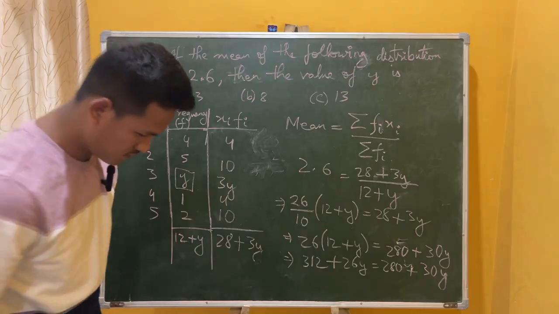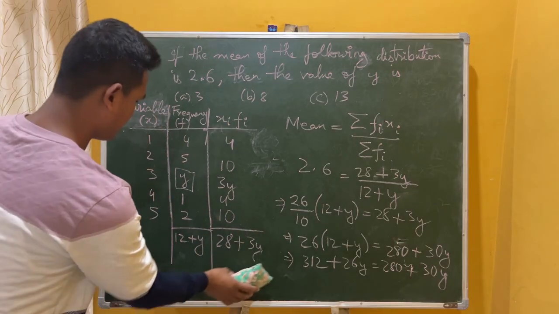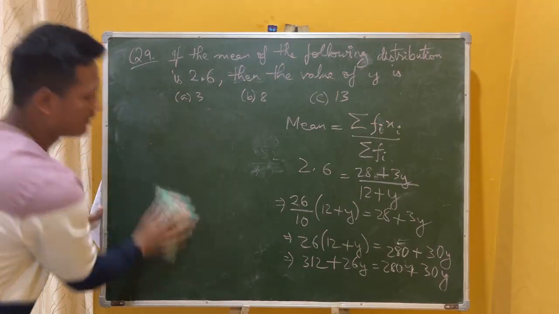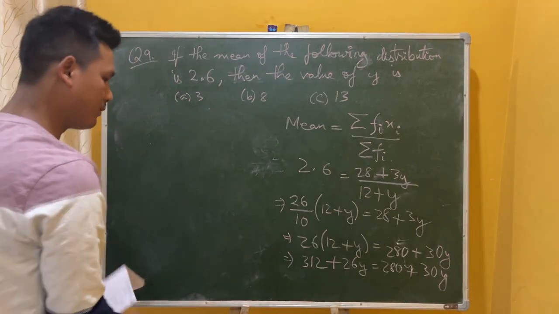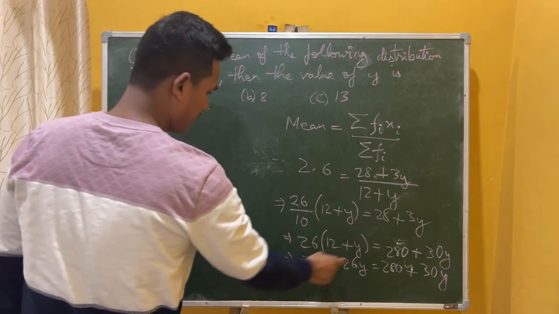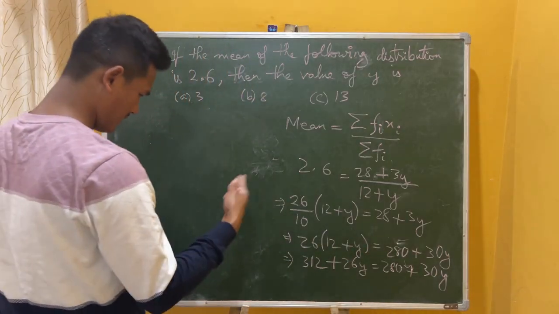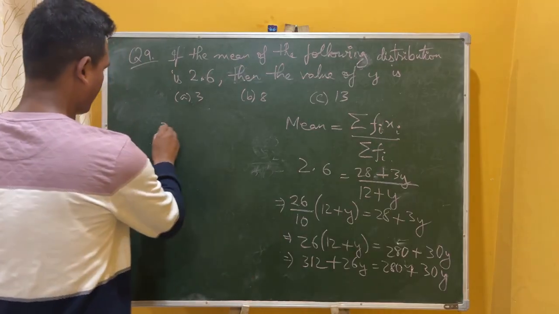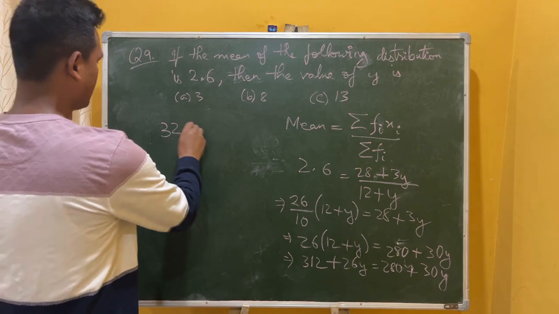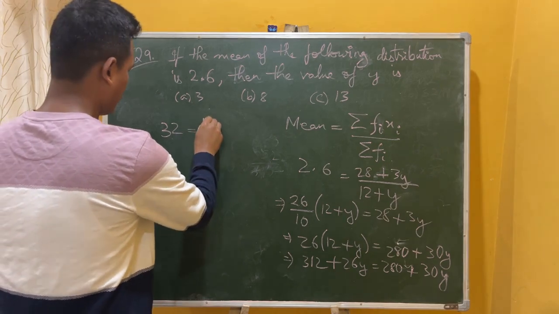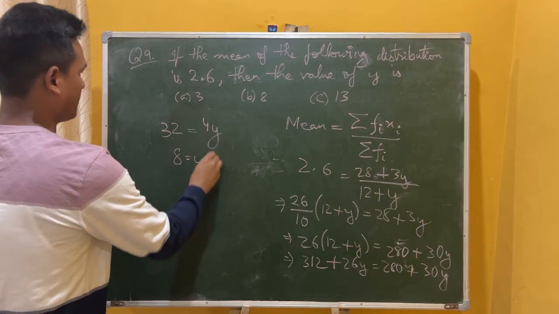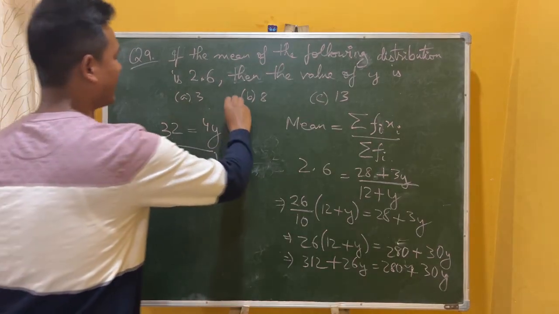Alright, I'm erasing the table since I don't have a space. So this is going to be 280 minus 312 minus 280 is 20, 32, and if I subtract this, it's 4. So it is 8. Y is equal to 8.